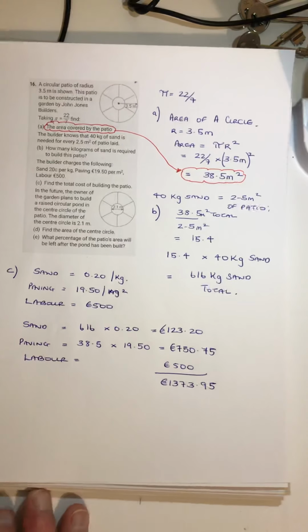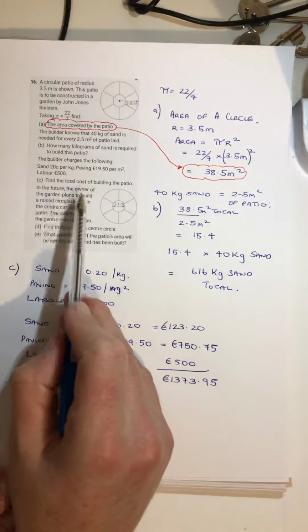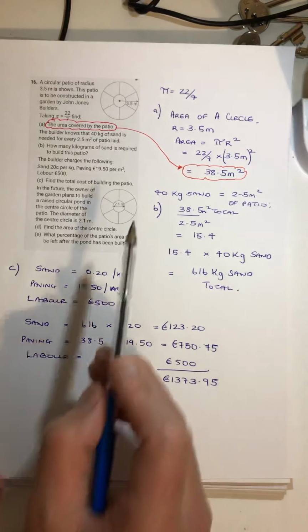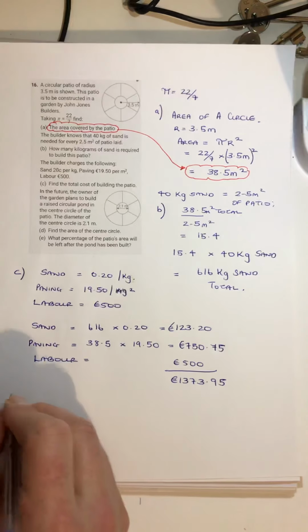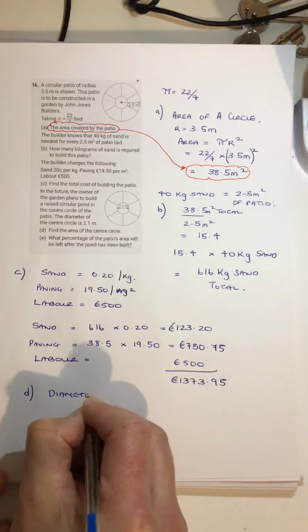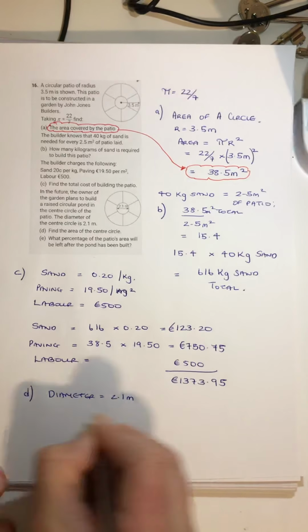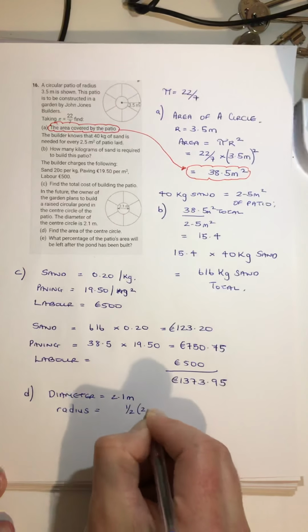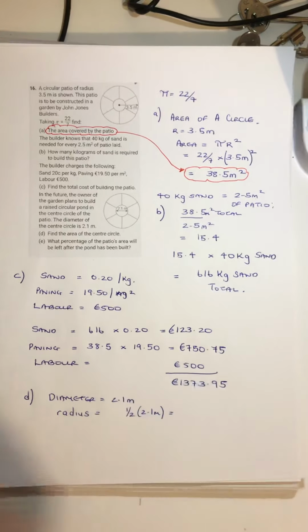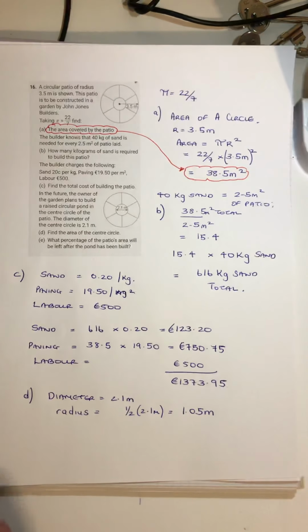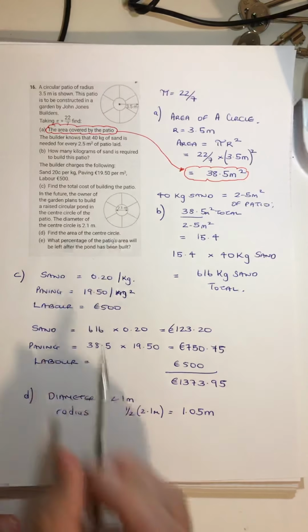And then the last part. In the future, the owner of the garden plans to build a pond in the centre and the diameter is 2.1. So part D. If the diameter is 2.1 meters, the radius will be a half of 2.1 meters, which would be 1.05 meters. So we're asked to find the area of the circle.